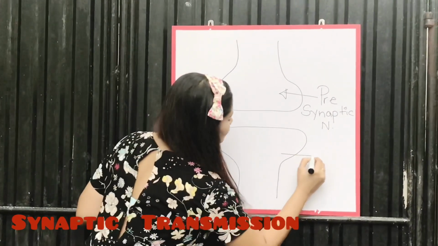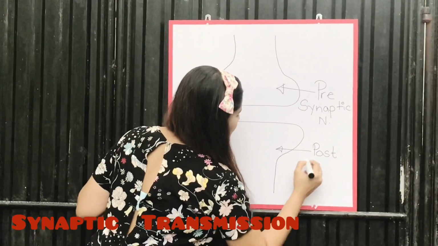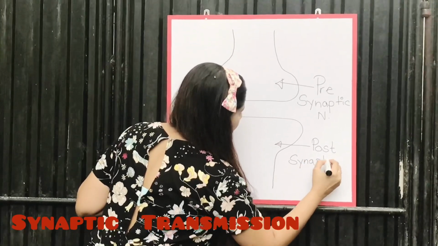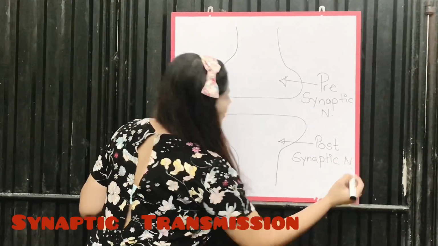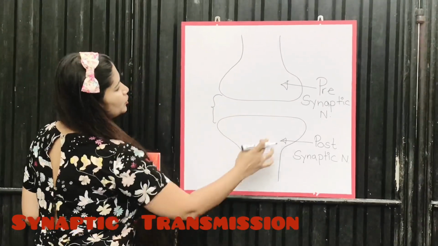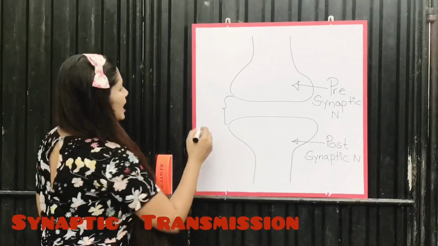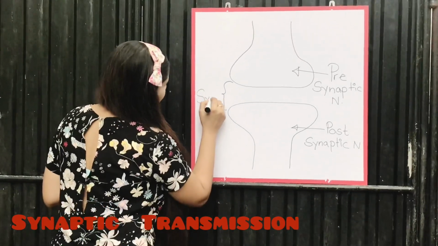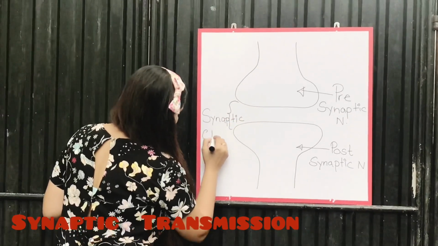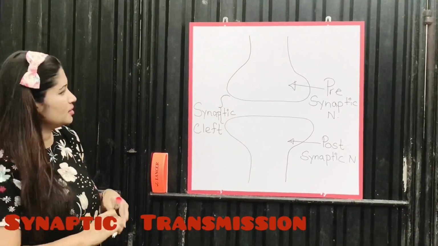And this is the postsynaptic neuron. And the gap between the presynaptic neuron and the postsynaptic neuron is known as the synaptic cleft. Okay, let's see the process.